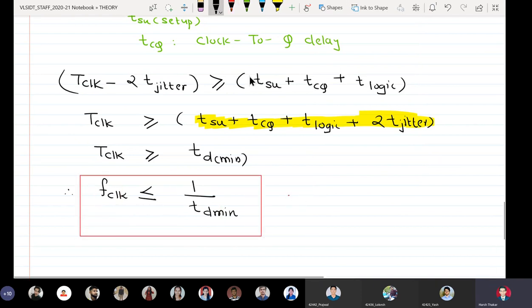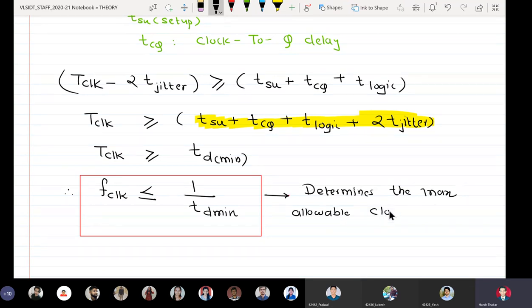In other words, this determines the maximum allowable clock frequency.